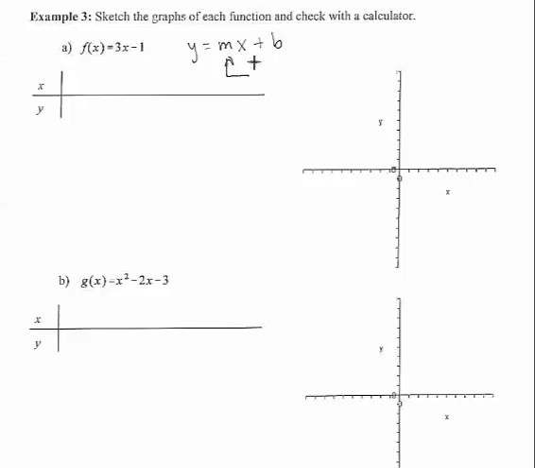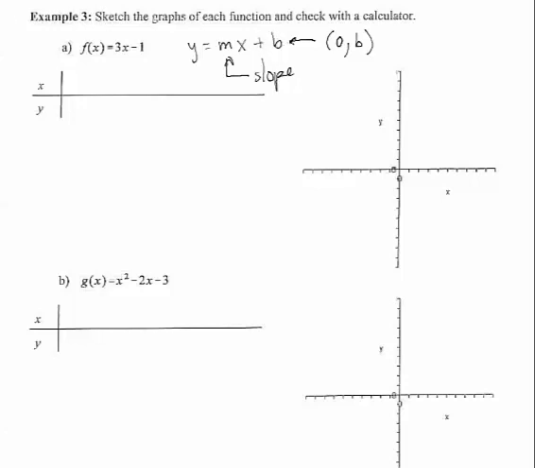M would be the slope, how much the line is slanted, and b would simply be the y coordinate of the location where this particular line crosses the y-axis. Okay, so this y equals mx plus b format we simply refer to as the slope-intercept form. M is the slope, the coefficient of the x term, and b is the y-intercept coordinate.